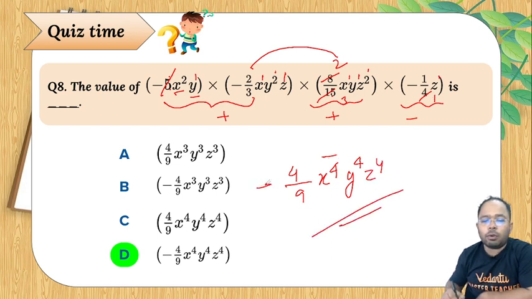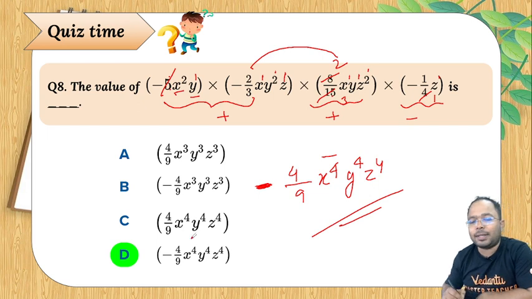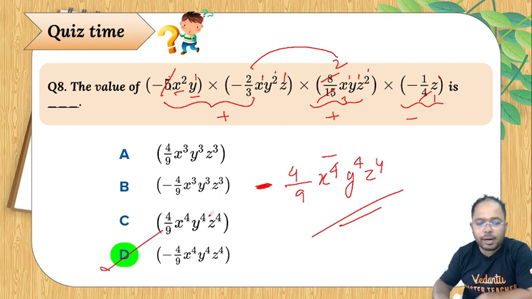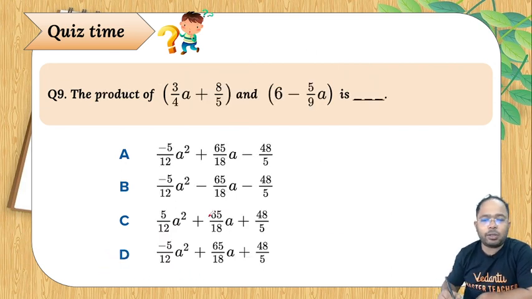So this is the correct answer with a negative sign. I said negative first, so with the negative this is the answer. All right, let's move on to the next question, students.